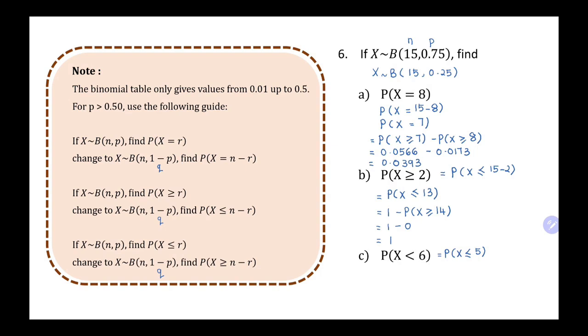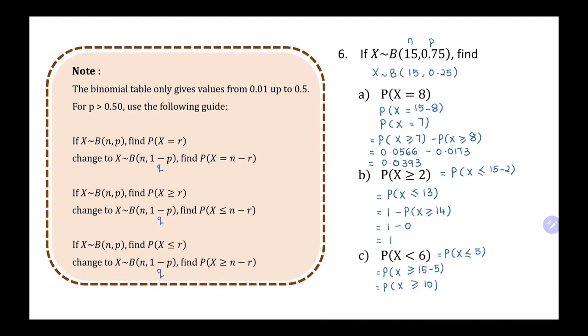So before we find using table, we need to change N minus R. Gunakan dulu formula yang dia bagi. Lepas dah tukar sign less than equal, bagi sama dengan guideline. So kita tukar lagi P(x greater than or equals to), sebab ini less, dia akan jadi greater equal N minus R, 15 minus 5. Then we get answer P(x greater than or equals to 10).